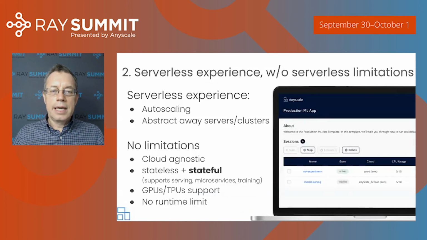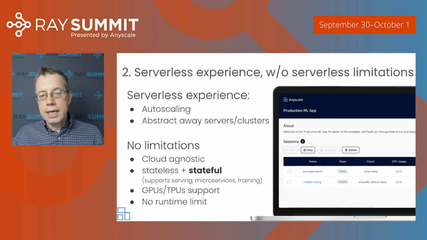Second, Anyscale provides serverless experience without serverless limitations. By serverless experience, we mean that it abstracts away servers and clusters, so you do not need to worry about those when you are writing or running your application. Under the hood, Anyscale will allocate the right resource instances, and it will auto-scale to match your application demands.